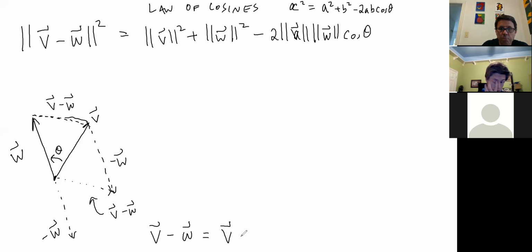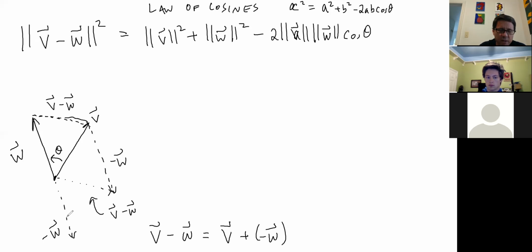V plus minus W is what V minus W is. So what that means is I follow this vector V from here, and I stop here. Then minus W, to follow minus W, I have to follow it from the point that I'm at. And minus W is over here.